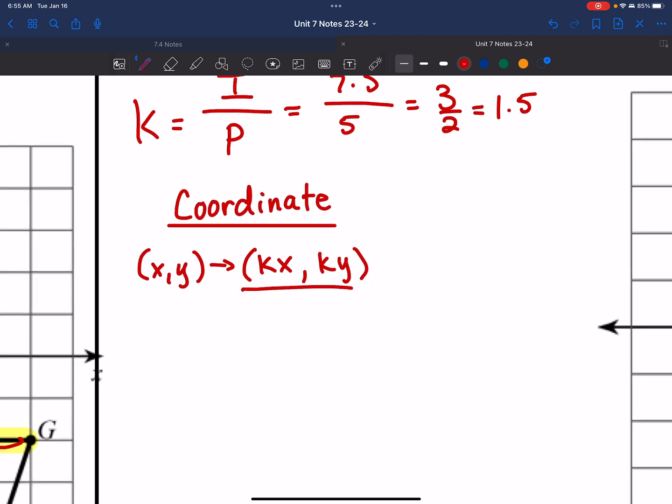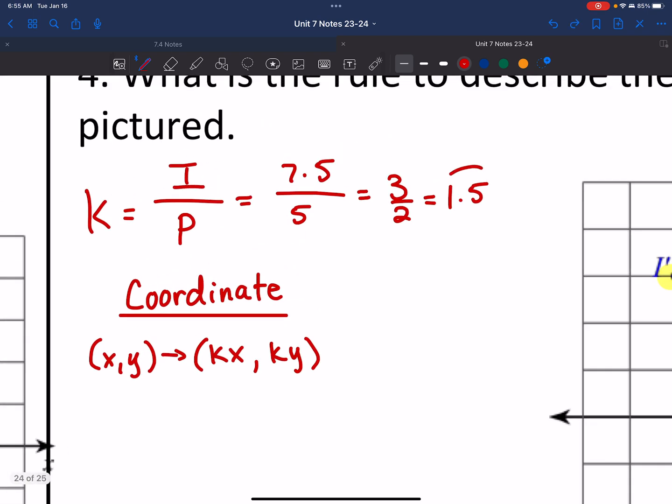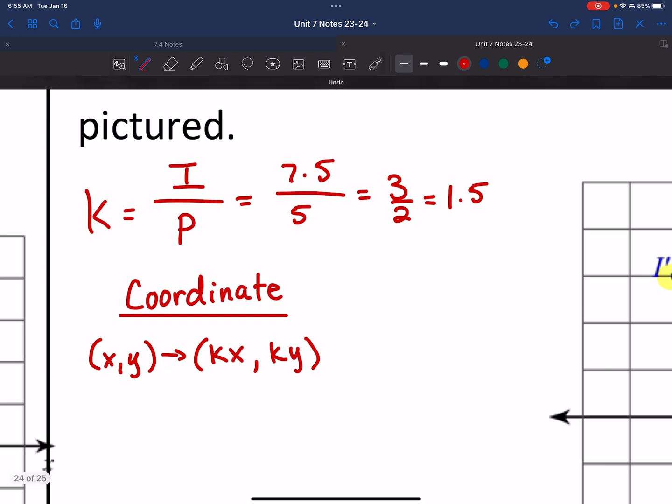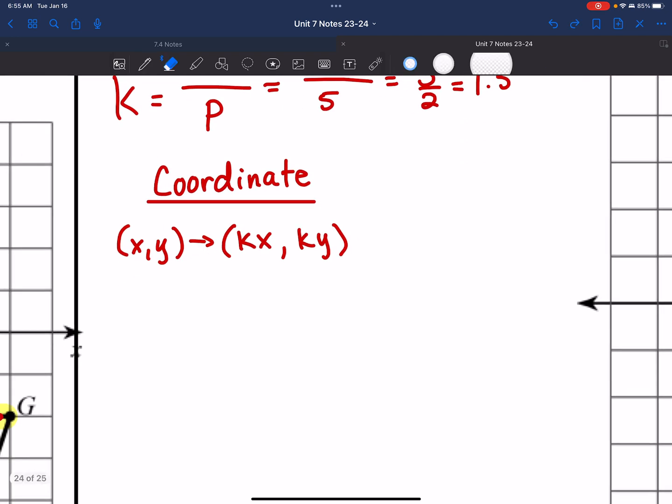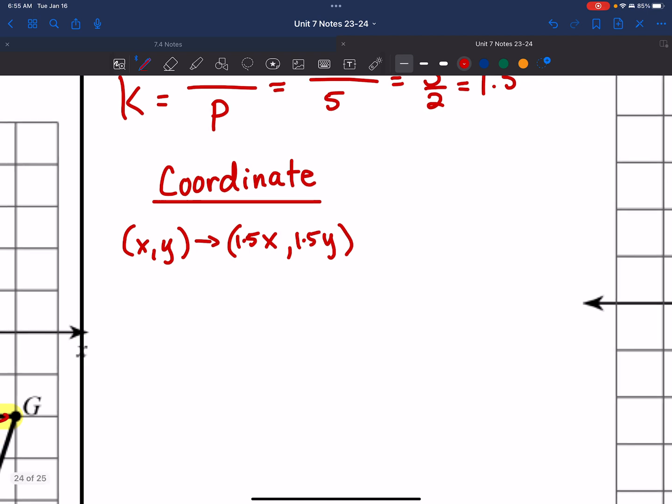People would just write it like this. You need to replace that K with whatever your scale factor is. In this case, my K is 1.5. So I'm going to replace that K with a 1.5. So that's my coordinate notation.